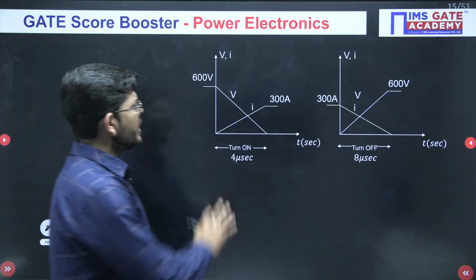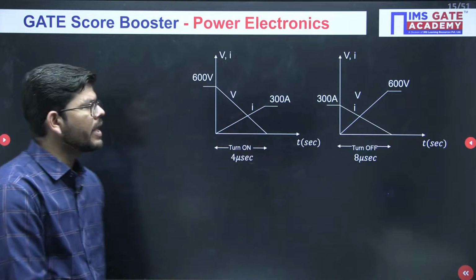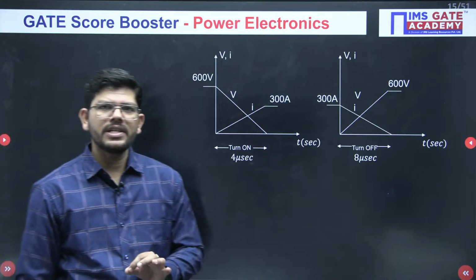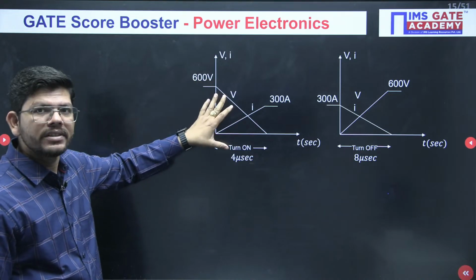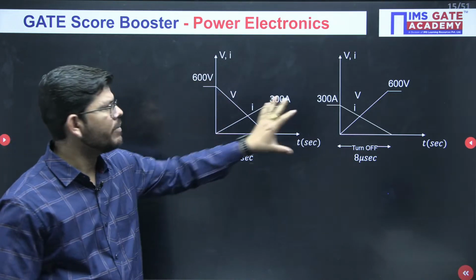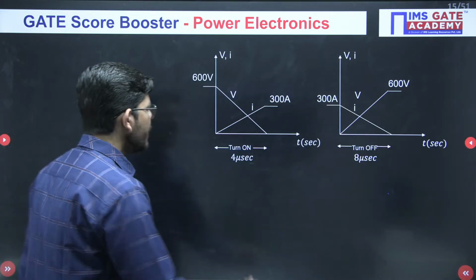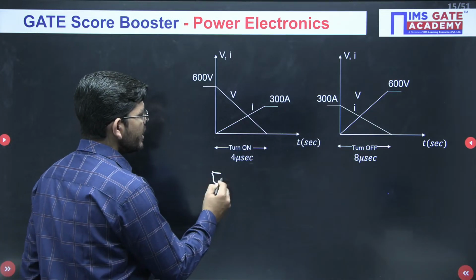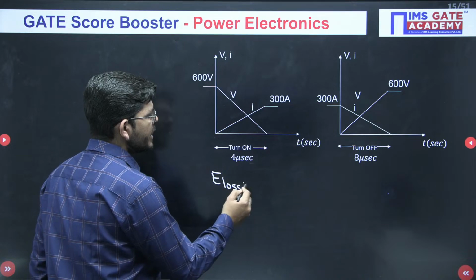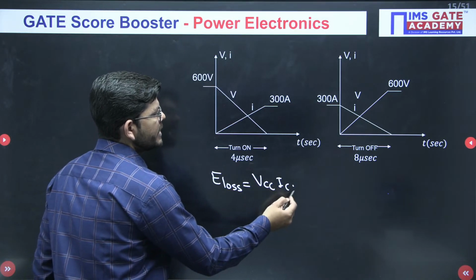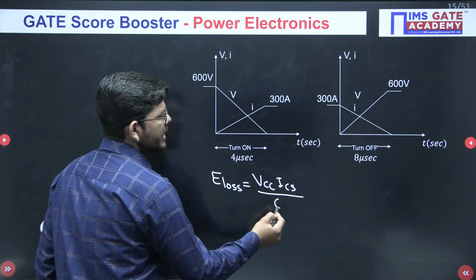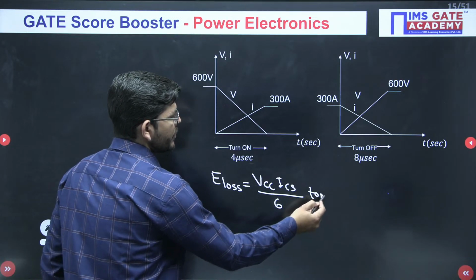So just see, this is the characteristic given to us. What we have discussed is, if the voltage and current transitions are like this in on time or in off time, then you know that you can calculate the energy loss directly. So what will be the energy loss? It will be equal to VCC into ICS divided by 6 into T on.